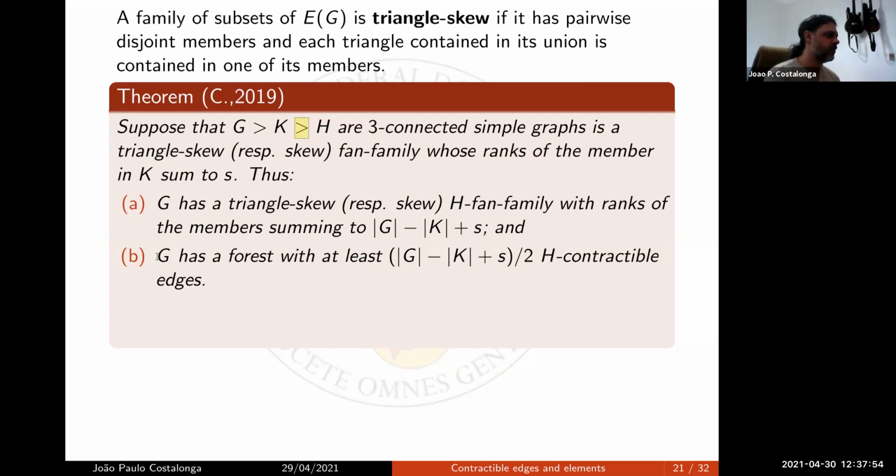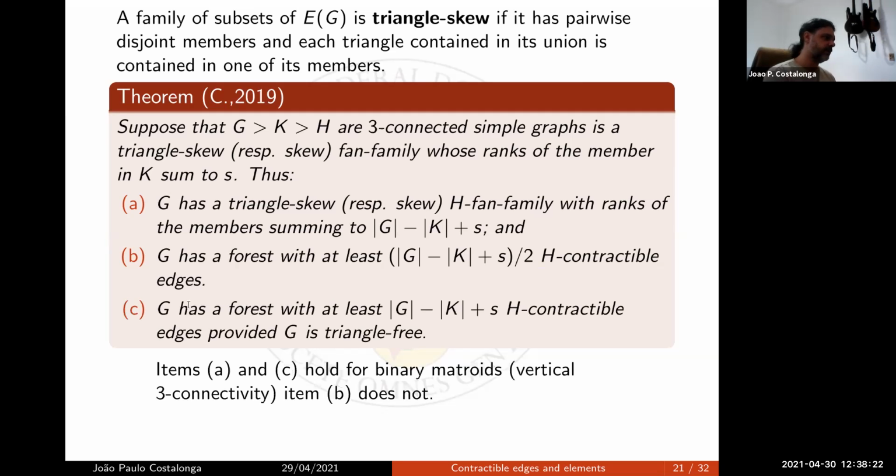And the other thing about the forest, with the same technique you can guarantee that the forest has the forest of contractible edges, now not allowing fans, and now it's by 2, but you also have this difference holding. Okay, those are the results for graphs. There is the triangle free case, but this plus S also preserves when G is triangle free.